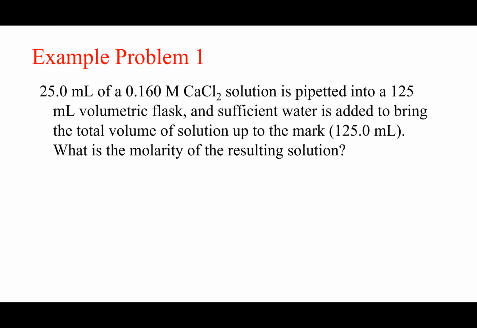So from left to right, that first volume, the molarity, has to do with my stock solution. So over here, I'm going to write 0.160 molar CaCl2. We've been talking about unpacking: what that really means is 0.160 moles of the solute, CaCl2, per 1 liter of this solution.